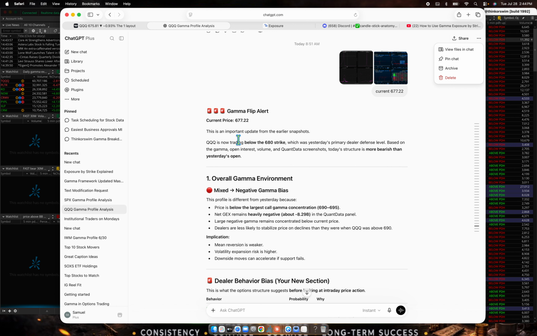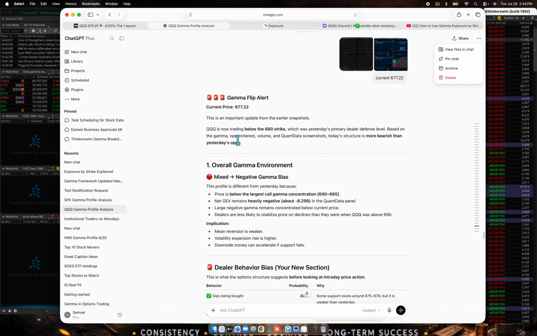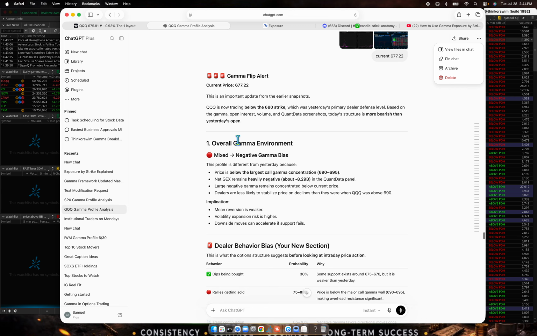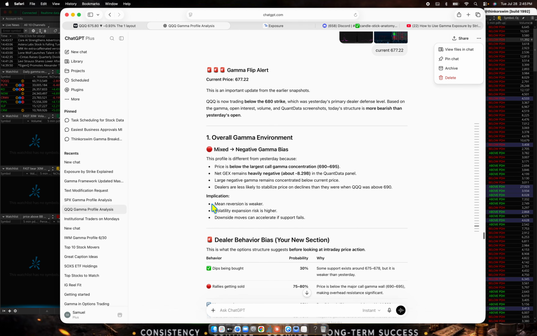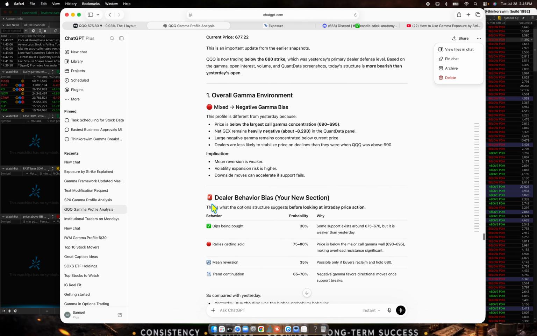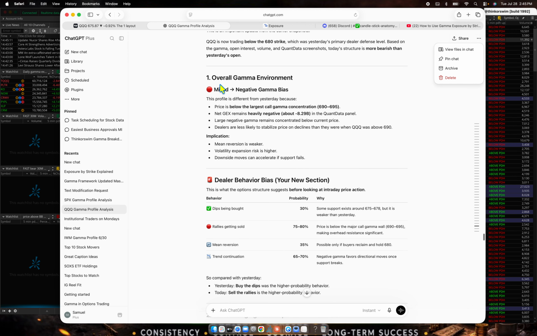It gave me a good breakdown, which I also put into the Discord group, that we had a mixed profile with a negative gamma bias. This profile is different from yesterday, because I keep using the same profile analysis so that I have all the data from weeks and weeks prior. It gave us that this profile is different from yesterday because price is below the largest call gamma concentration, 690, 695.